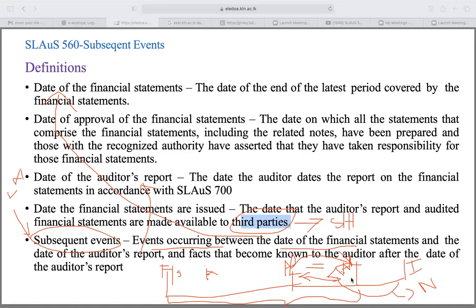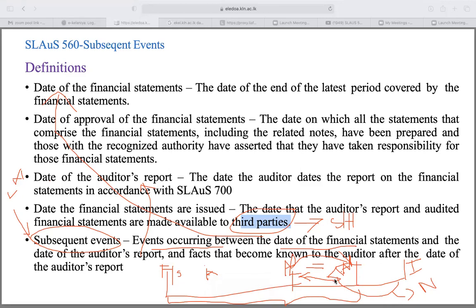To get rid of this risk, they come up to the authorization date, right? So a subsequent event is the things or events happening between the financial statement date and the audit report date that become known to auditors after the date of the audit report, right?